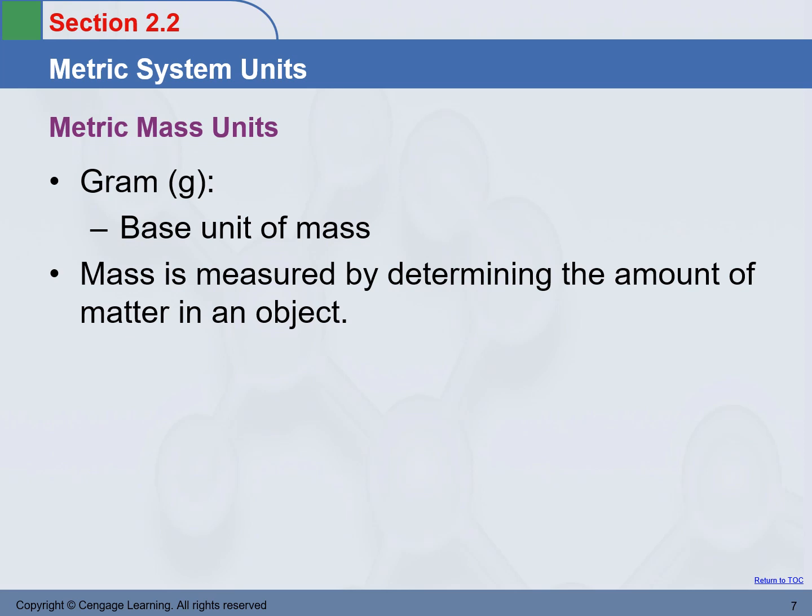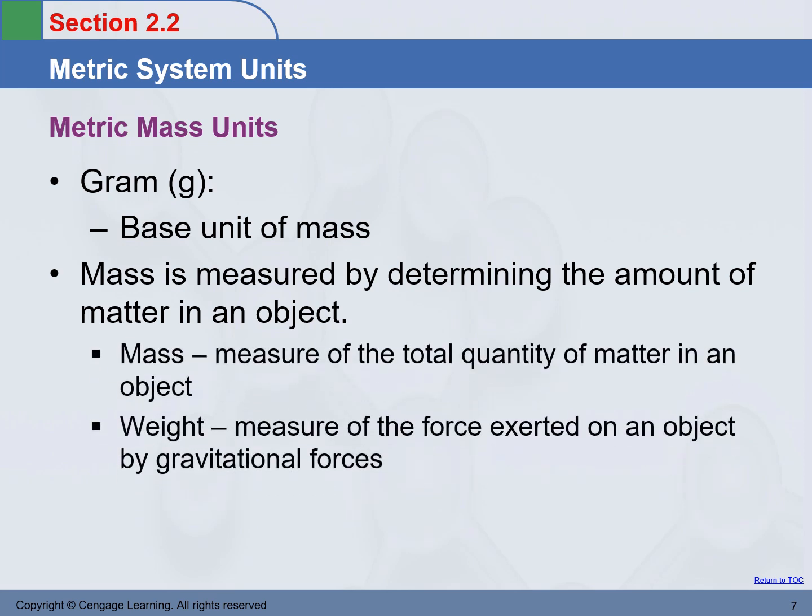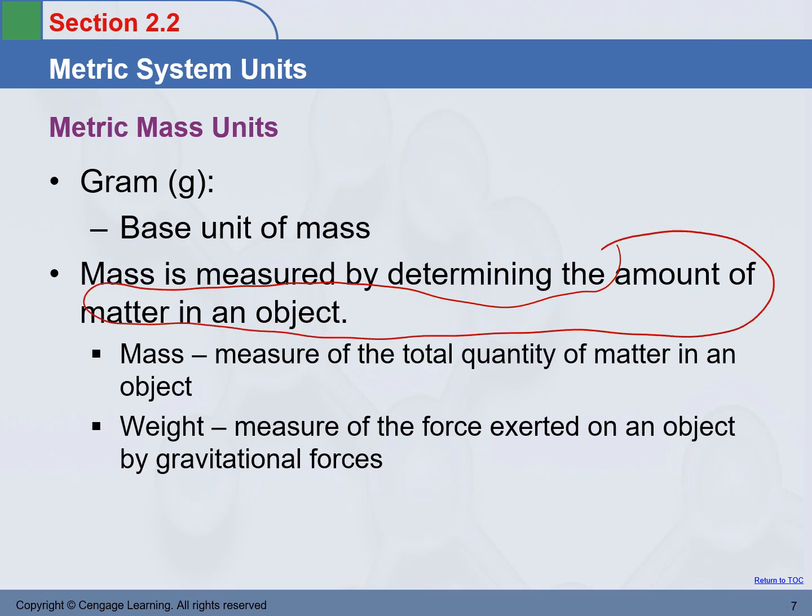What we do need to talk about a little more is mass, the difference between mass and weight. Mass is the amount of matter in the sample. Once you have a sample, regardless of where you bring it, the mass will never change. The amount of matter in the sample will not change as long as it's the same sample.